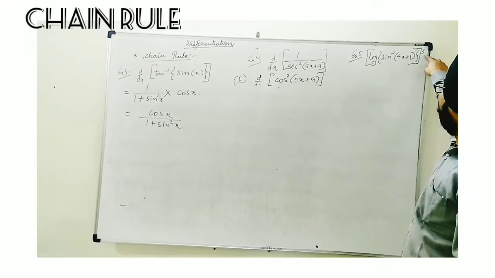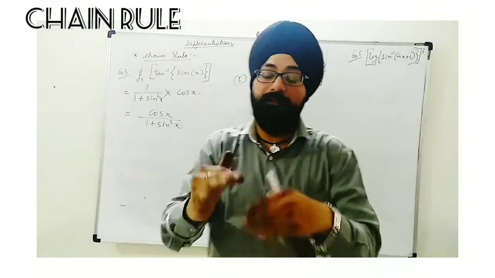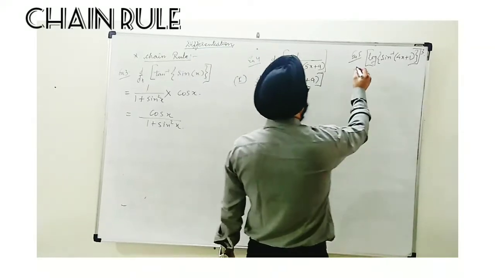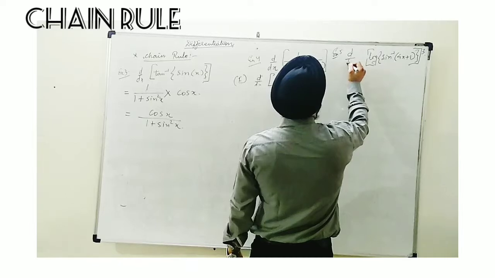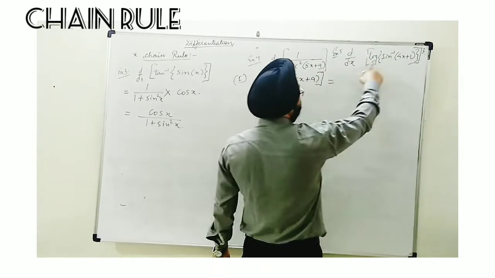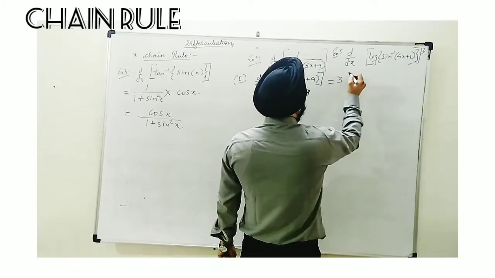But for the whole we are given power 3. Means first of all, as the surface function also is given with some power, we will sort out the power first. So d by dx of this function will be written as, first sorting out the 3, 3 is the power of the whole function.